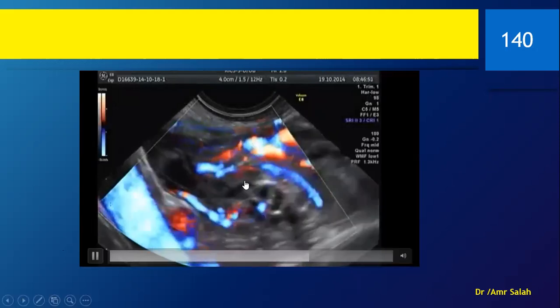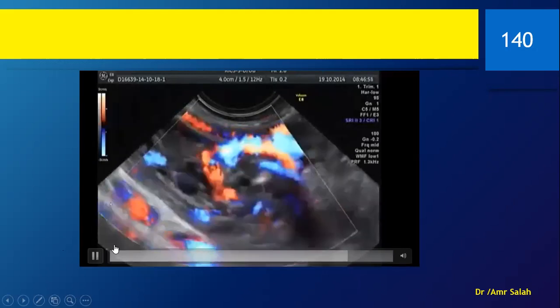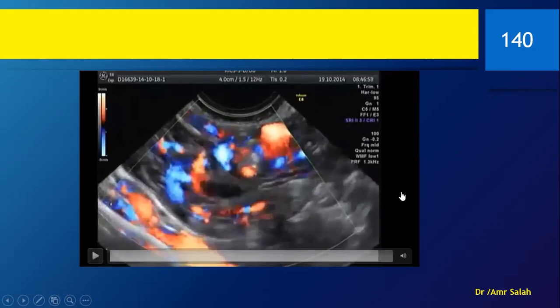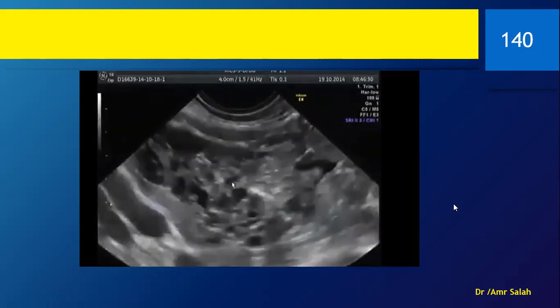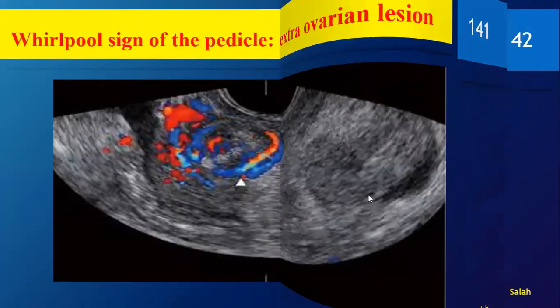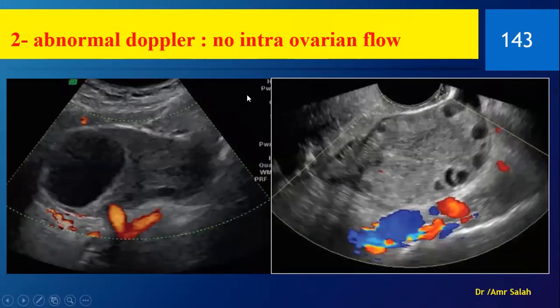And voila, this is the Doppler. See how it looks. So it's more clear now. Again, this is now the whirlpool sign. This is a sure sign, looks like the target sign, that there is a torsion.